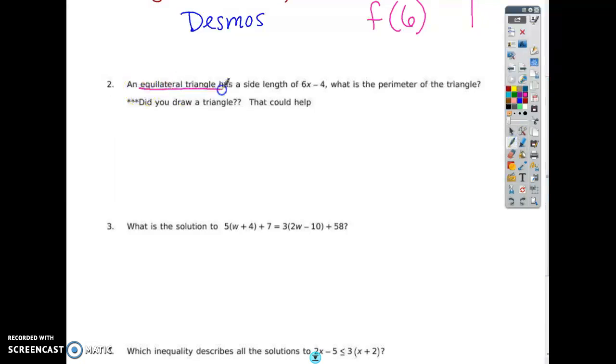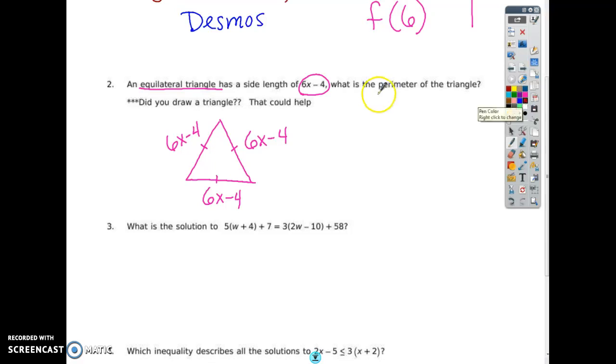Equilateral triangle means that all sides are the same. This side and this side are all the same, right? And it says that the side length is 6x minus 4. That means they're all 6x minus 4.